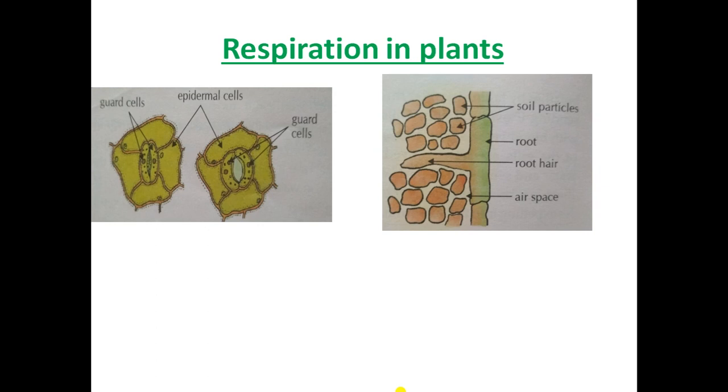So what are lenticels? A lenticel is a tiny opening on the bark where the cells are loosely packed and have intercellular space, allowing the exchange of gases. So in the case of plants, gaseous exchange takes place through stomata, root hair and the lenticels.